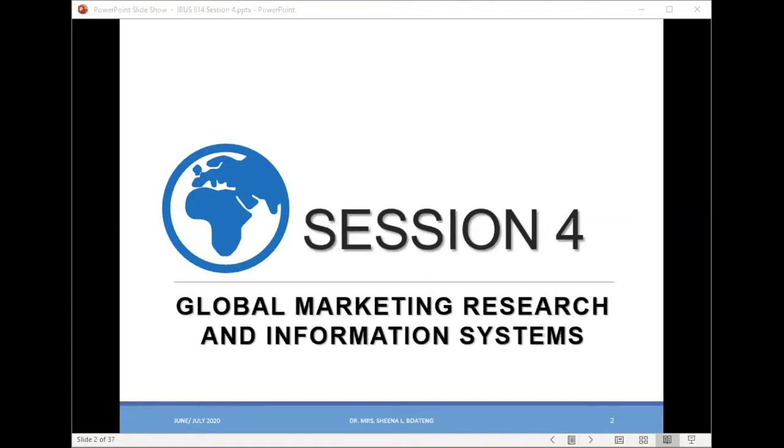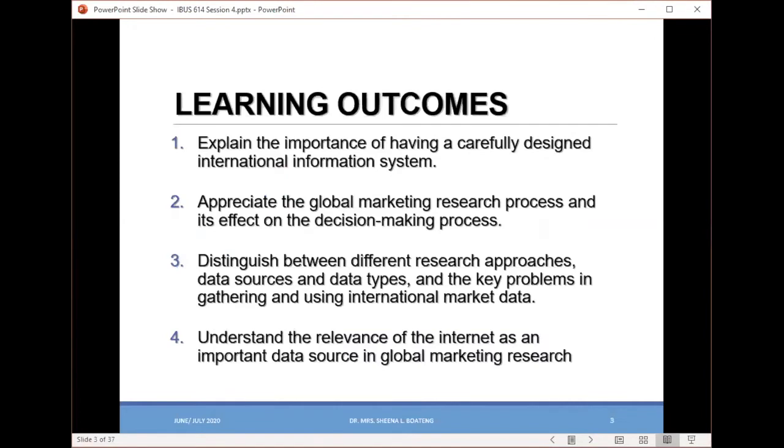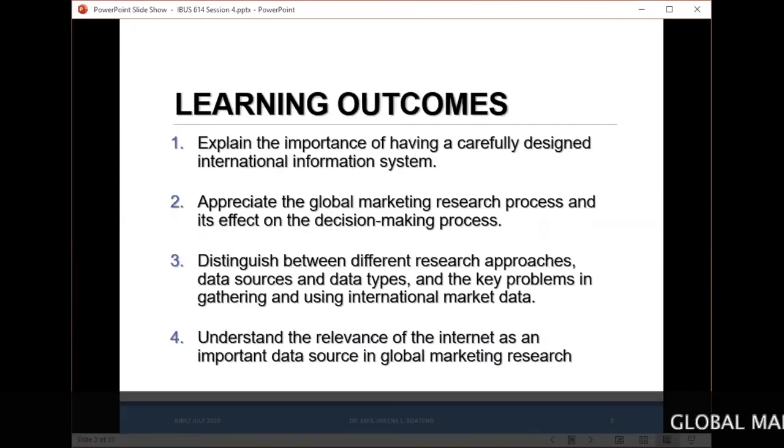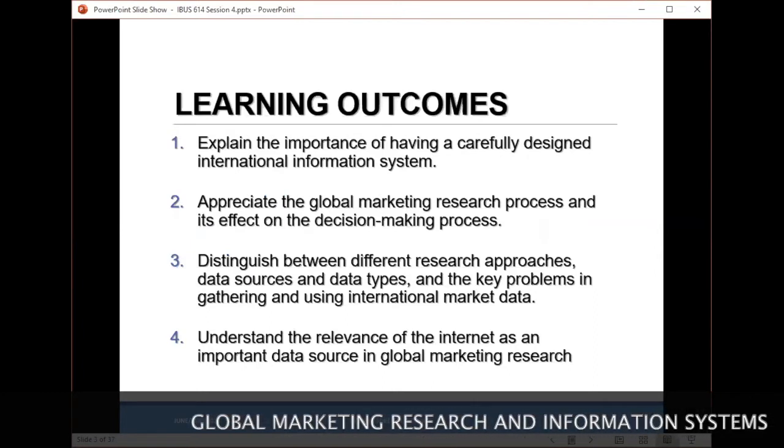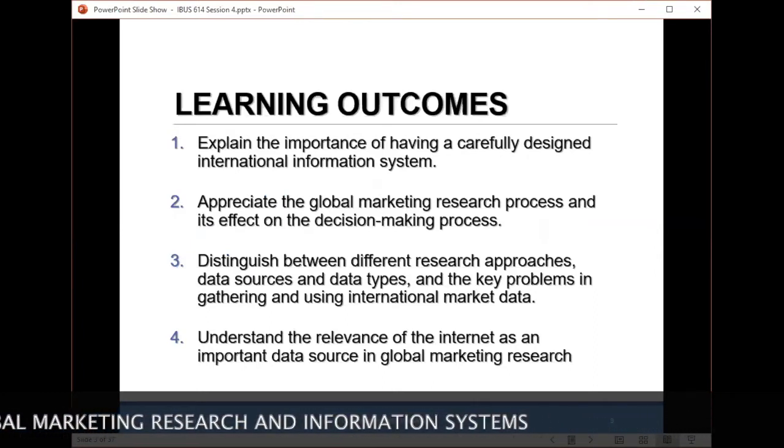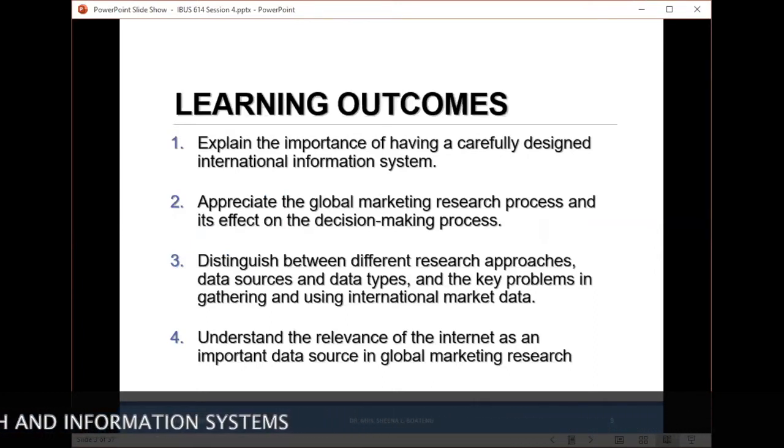So like I said, in today's session, we'll be treating global marketing research and information systems. As usual, before the end of the session, there are certain outcomes we hope to achieve. The first one being that we should be able to explain the importance of having a carefully designed international information system, and also to be able to appreciate the global marketing research process and its effect on the decision-making process.